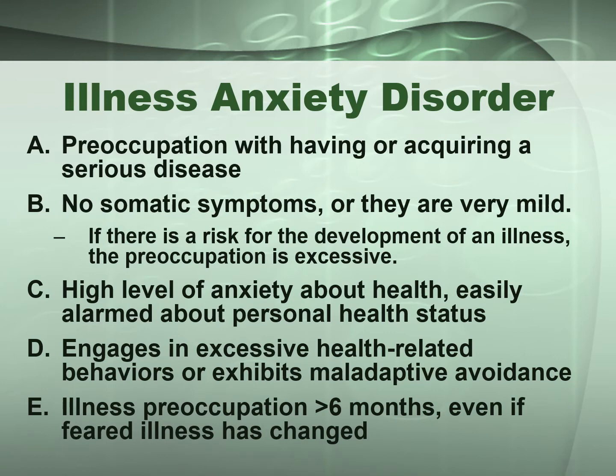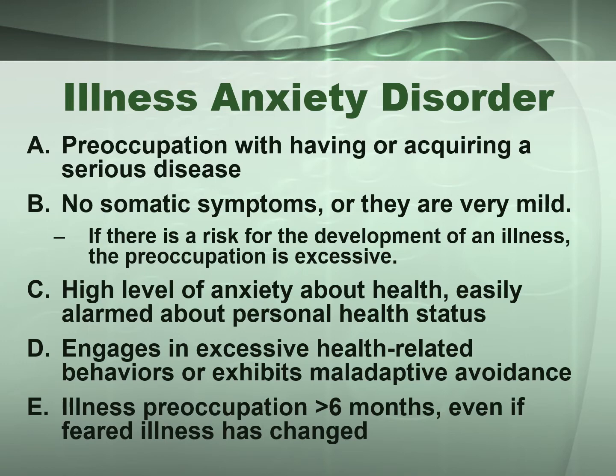Our next disorder is illness anxiety disorder. Here, individuals have a preoccupation with having or acquiring a serious disease. Interestingly, though, they do not often have any somatic symptoms, and if they do, they're very, very mild.